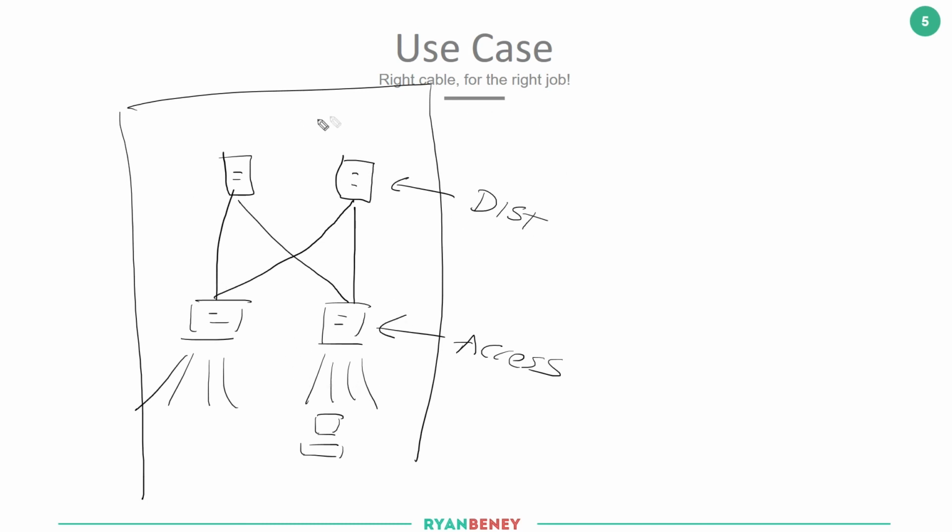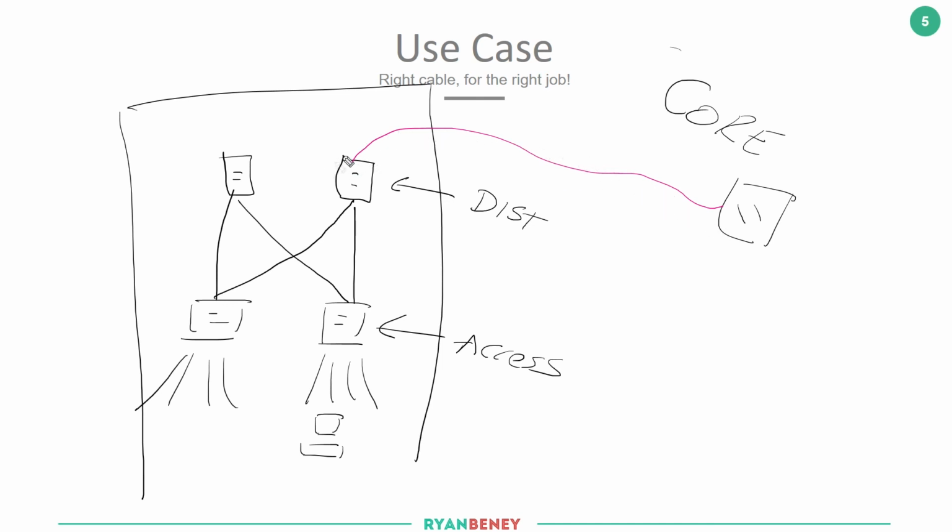However, depending on whether it's a collapsed core or an actual 3-tier hierarchical design with a core elsewhere, your core is normally located further away from this kind of physical rack. If the core was located more than, let's say, 100 meters away, then we need to think about what sort of cable we should be using there.